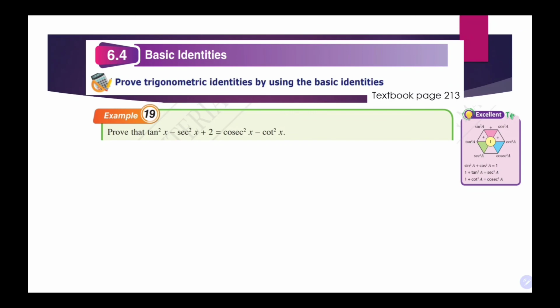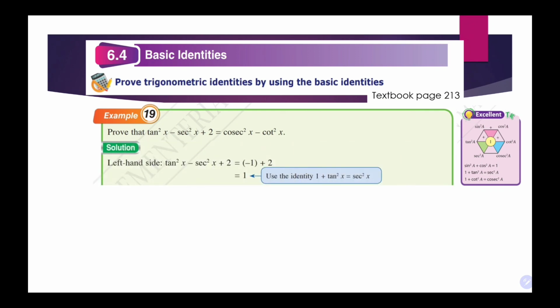Prove that tangent square x minus secant square x plus 2 equals to cosecant square x minus cotangent square x. Alright, so if we have to prove, we can start from either left or right. Up to you. As in your textbook, you start from the left. We want to change the tangent and secant into cosecant and cotangent.